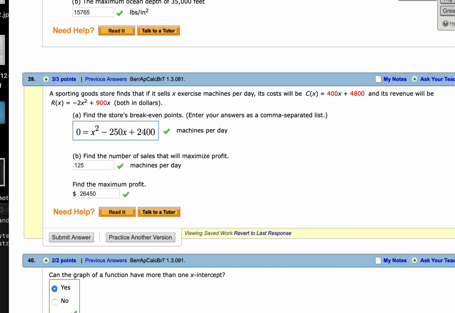So let's see. I need to find two numbers that multiply to make 2400. I could try 1 times 2400, or 2 times 1200, or 3 times 800, or 4 times 600, or let's see, what are some other factors of 2400?